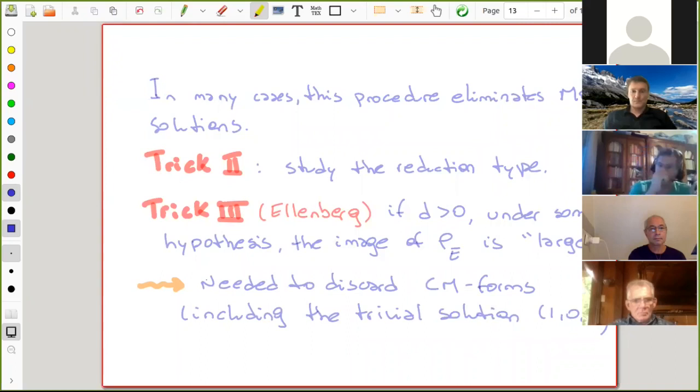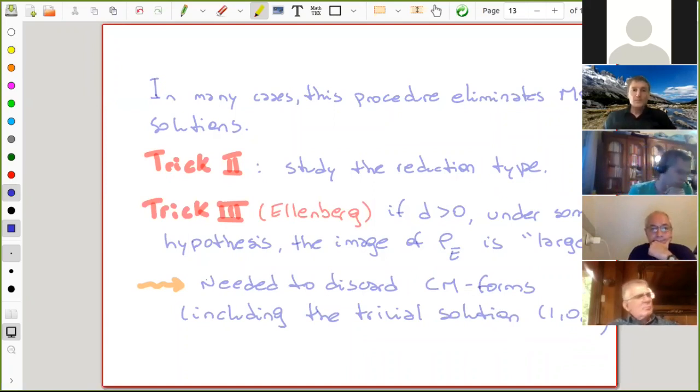And so using this result, you can actually get rid of all the modular forms that are the hardest ones, which are the ones related to modular forms with complex multiplication. And for example, this includes the trivial solution (1,0,1). So if you happen to have a nice prime, then using Ellenberg's result, you can just get rid of all the modular forms with complex multiplication. And if you're lucky enough, then you got rid of everything you could.